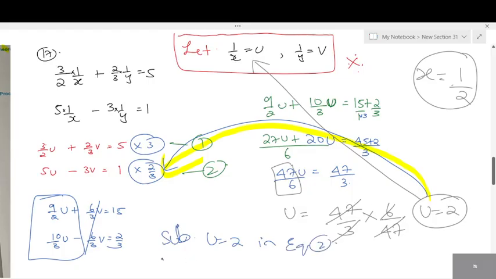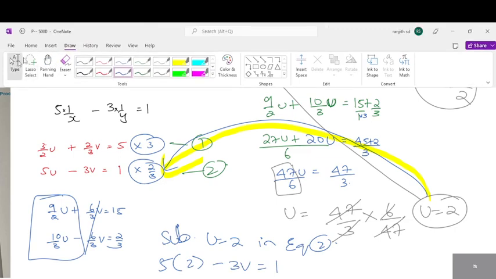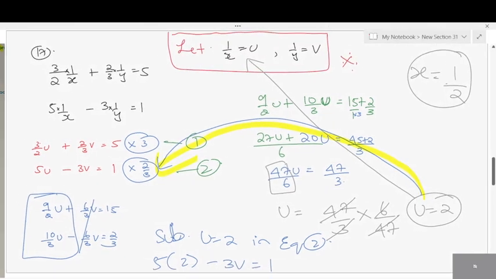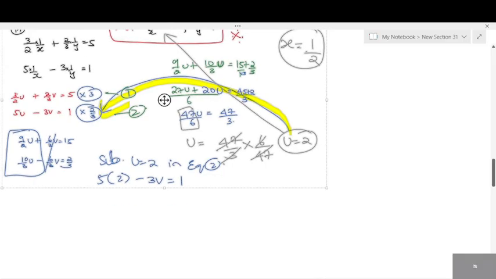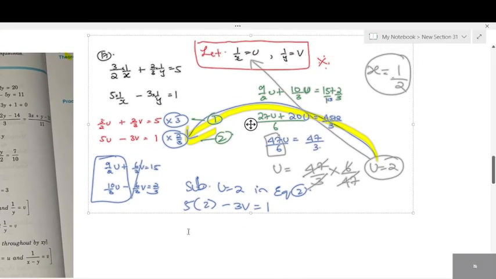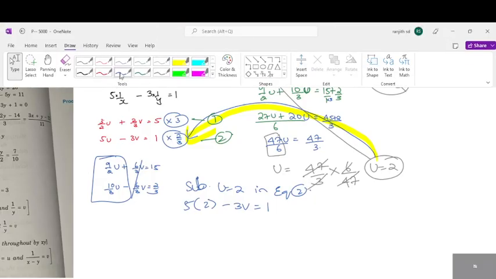What do you get? 5 into 2 minus 3v is equal to 1. So 10 minus 3v is equal to 1.